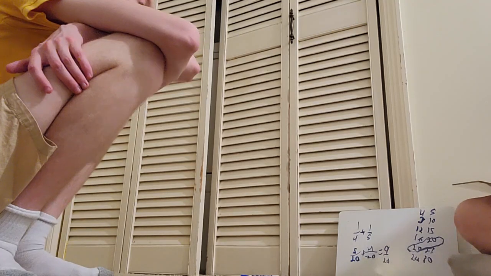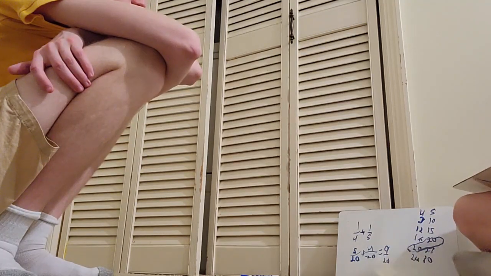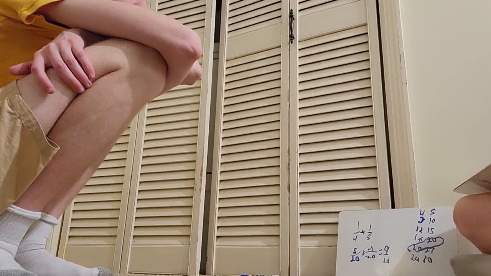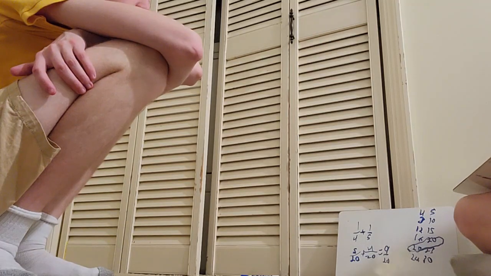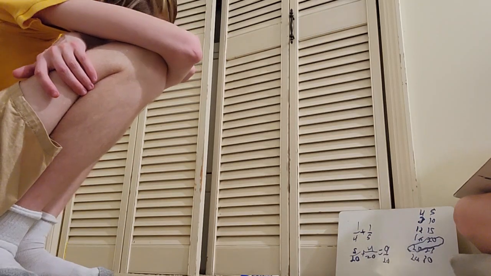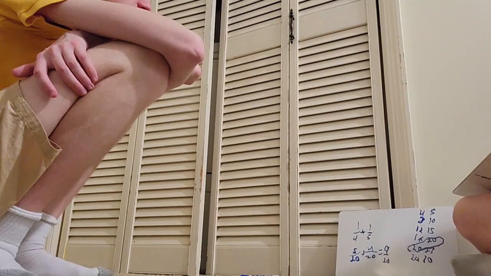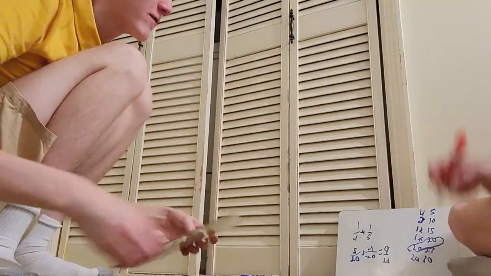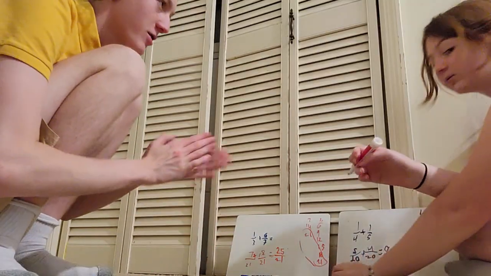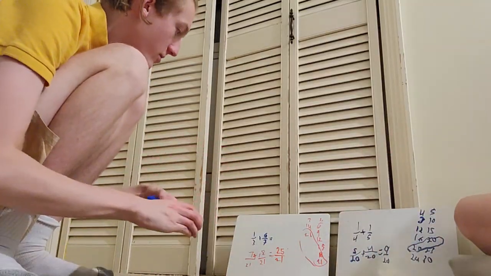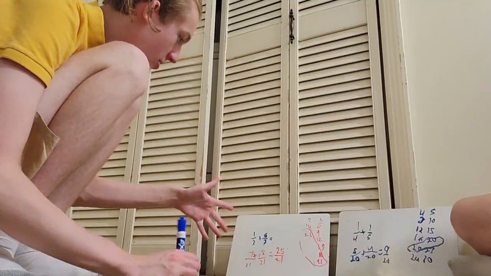It took 3 to get to 21, so 6 times 3 is 18 over 21, and then you add it together. 7 plus 18 equals 25 over 21. That is absolutely perfect, my friend. You are done for today. You have finally learned adding fractions and decimals.